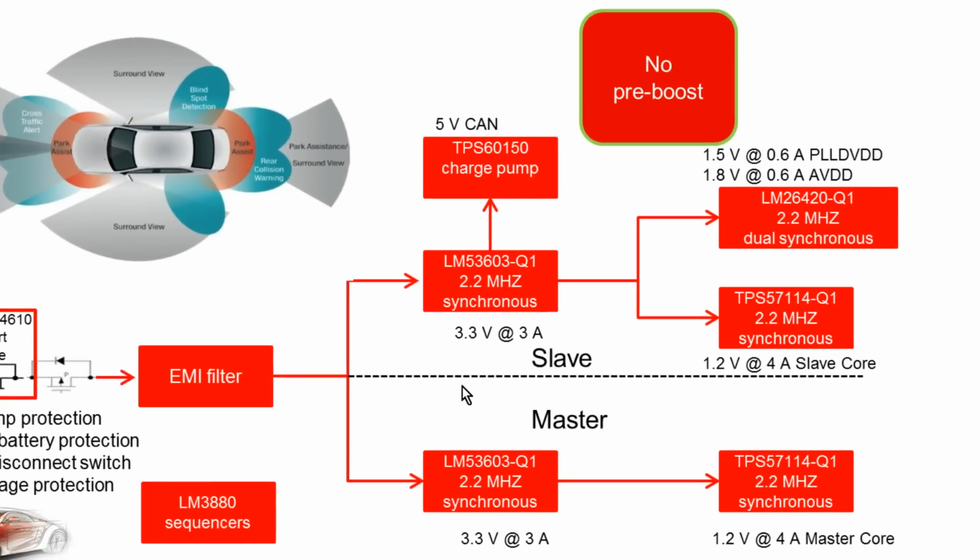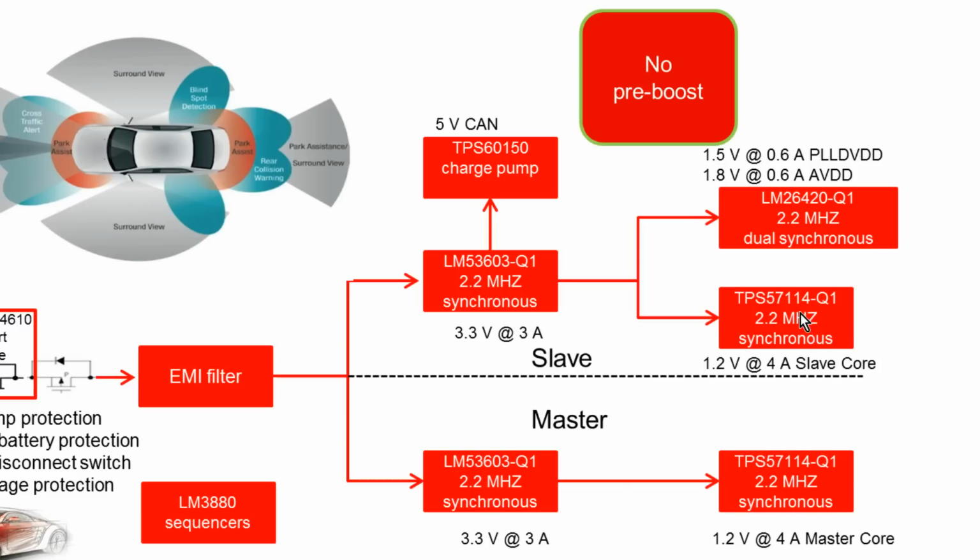Now there are two LM53603 2.1 megahertz wide input voltage DC-DC converters used to provide power to the two cores. We will go into detail of this exciting 2.1 megahertz automotive switcher later in the slides.